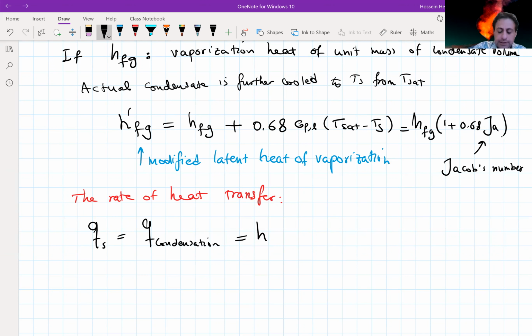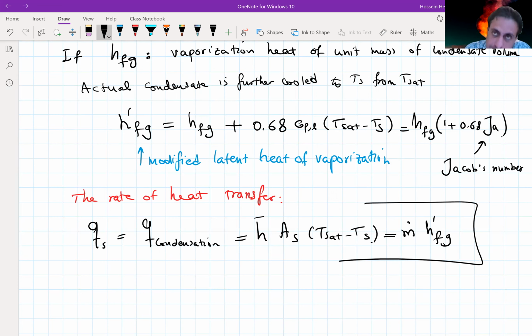It's going to be H, AS, Tsat minus Ts, from Newton's cooling law. So I need an average heat transfer coefficient, the surface area of the plate or cylinders that we have, and delta T. And it's going to be equal to the total m dot that is getting condensed from vapor to liquid times this H prime Fg. So this is how we can get that.